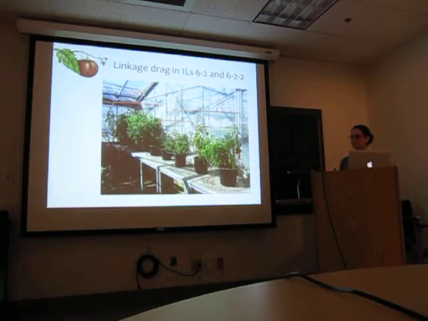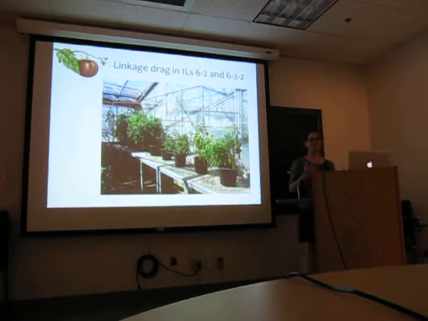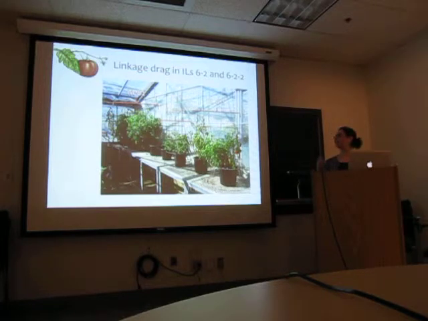This problem of linkage drag is common in plant breeding, where you have an interspecific hybrid between a cultivated plant and a wild species, where the trait you want, the disease resistance, is literally dragging along with it a lot of other genes from the wild species that are conferring undesirable traits.